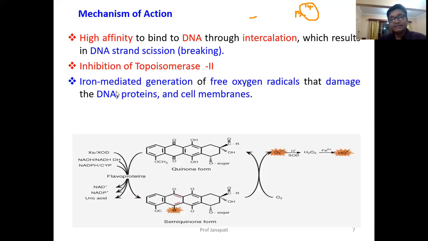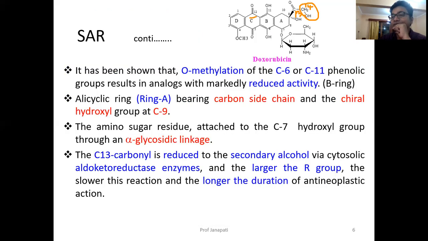Then this is about SAR. So what we learned: the basic ring has to be as such, and the pharmacophore has to be as such. The first one is the fourth position methoxy group, which you can remove. Next, at the fifth, we talked about the double-bonded O that can be changed to an imine group so that cardiotoxicity is reduced. Then we discussed the 6th hydroxyl group and the parallel 11th hydroxyl group.